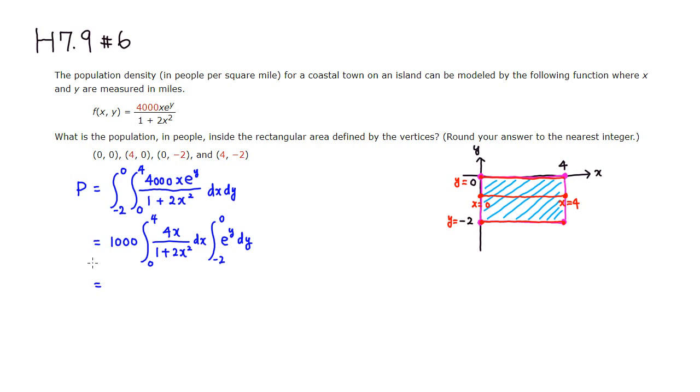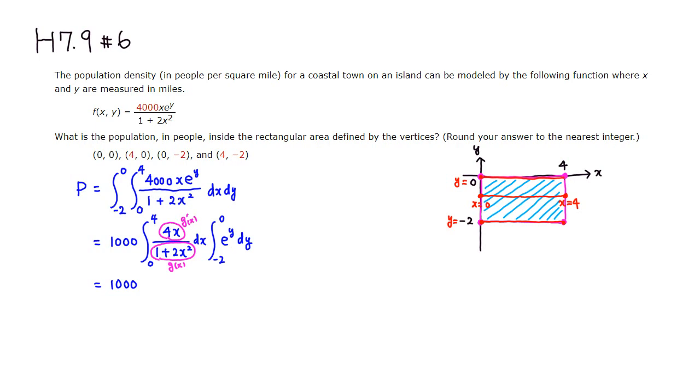The reason I did this is that 1,000 is just a constant multiple, and here we have a convenient structure. The denominator, let's call it g of x, and you can see that the numerator is the exact derivative of g of x.